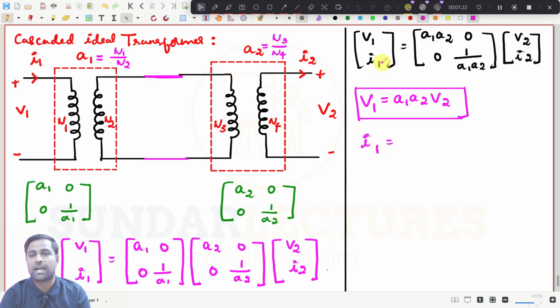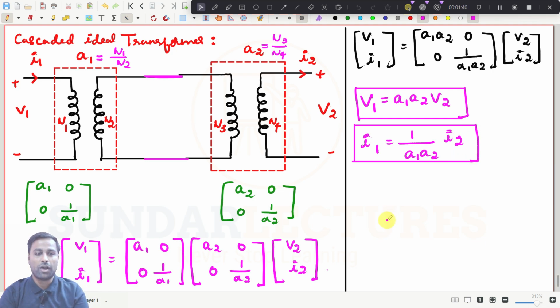I1 can be written as: this is 0, so this value will be 1 divided by A1 A2 into I2. See here, this is very interesting, right? So you don't need to calculate anything. It is not at all necessary.